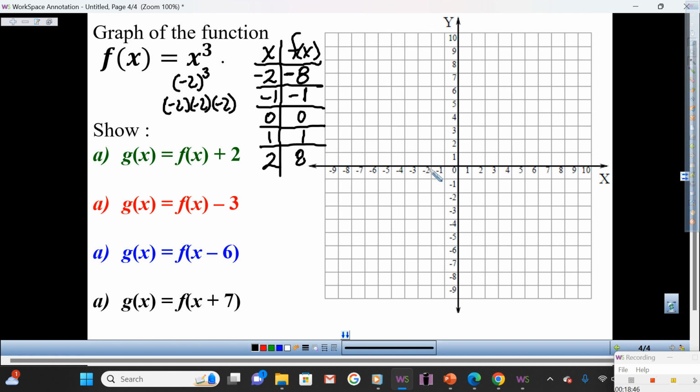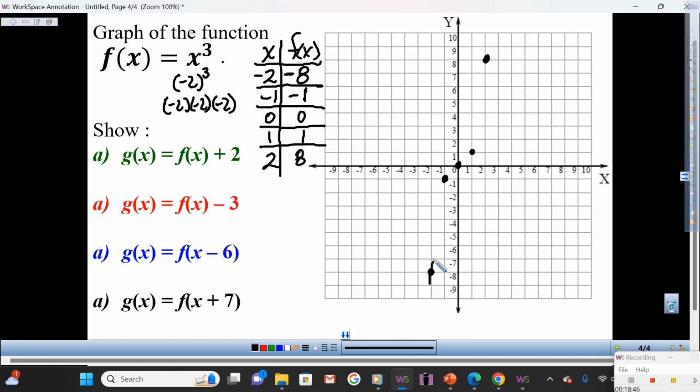Let's plot that. Negative 2, negative 8. Negative 1, negative 1. 0, 0. 1, 1. 2, 8. You're like, what? Oh yeah, this looks cool. Or maybe it's just the AC kicking in. Let's go. Woo-wee. All right, so let's go from left to right.